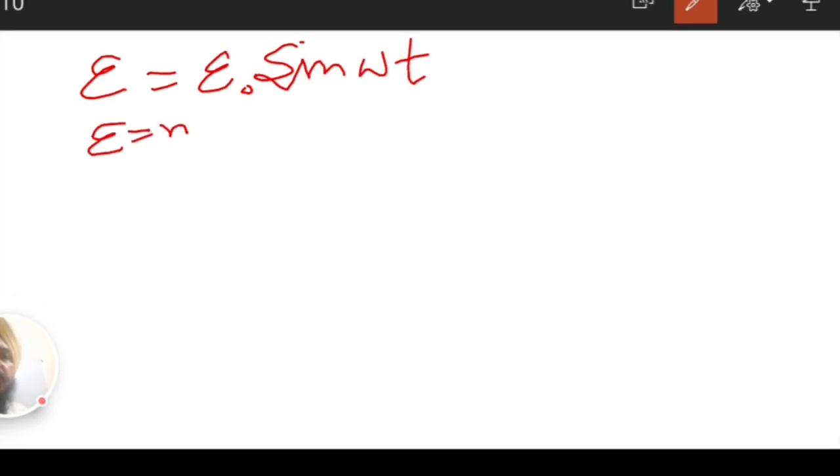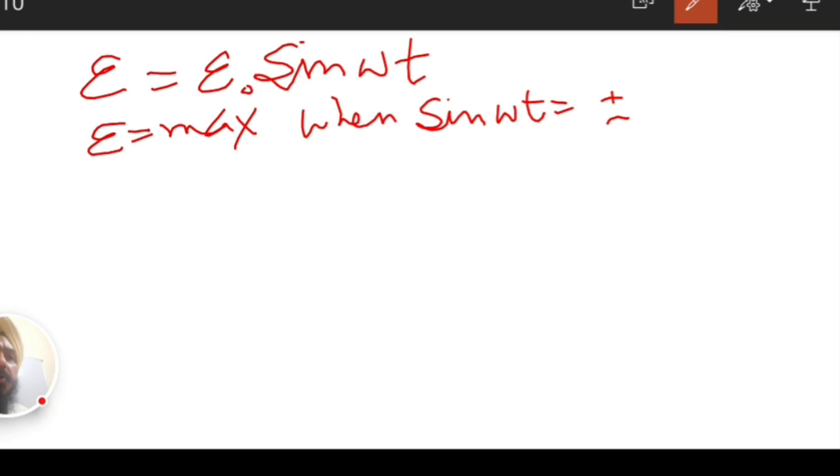So E will be maximum when sin omega t is maximum, meaning plus or minus 1. So it will occur when omega t is 90 degrees, 270 degrees, and so on.